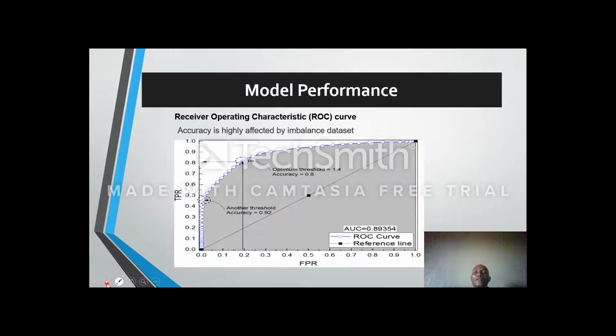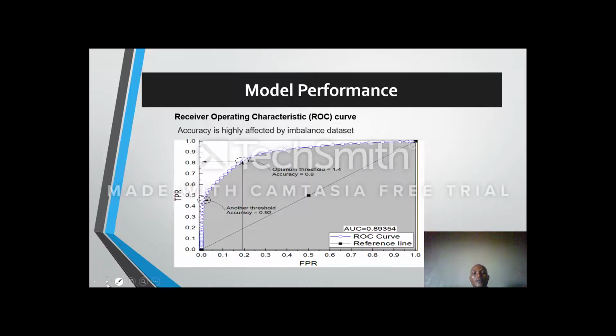Receiver operating characteristics is far better than accuracy, because in a fraud case like this, the data imbalance is huge, and since the imbalance is huge, accuracy cannot be relied upon to give us performance. Accuracy is highly affected by imbalanced data sets.